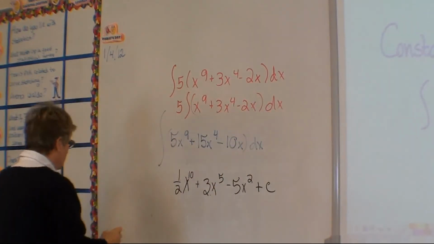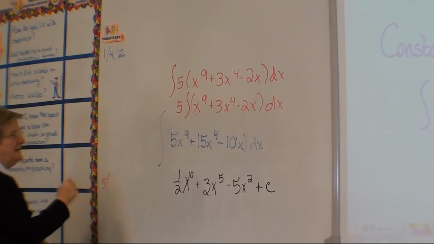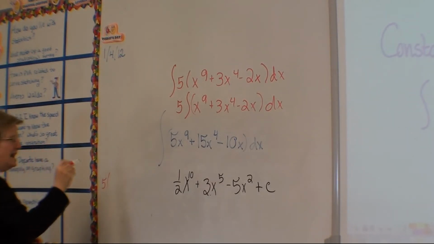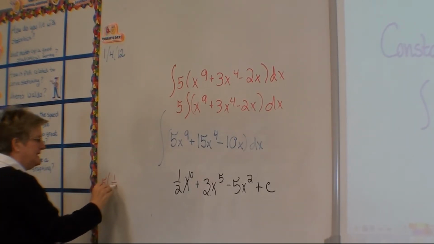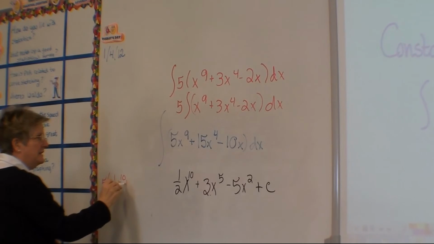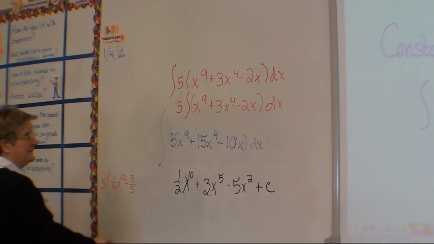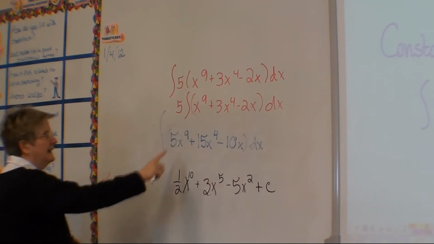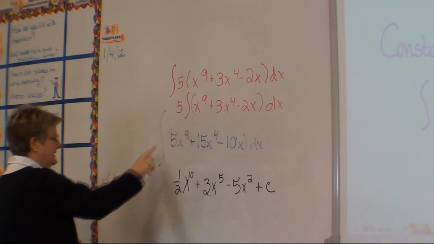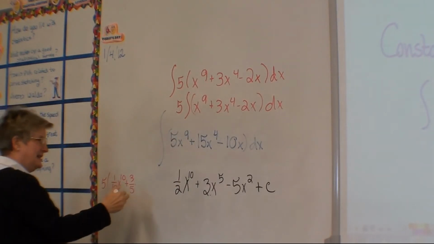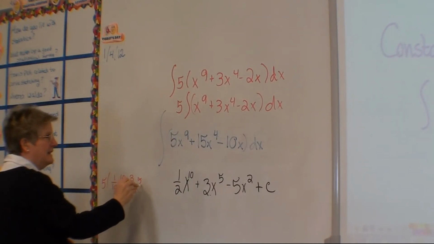Now, let's integrate that. X to the 9th is 1/10 x to the 10th plus 3/5 x to the 5th minus 2/2 x squared plus c. Wait a minute. Did I do the right one? I'm doing this one right here.